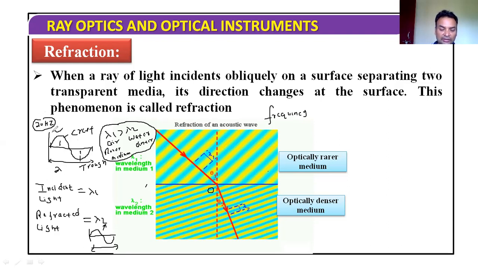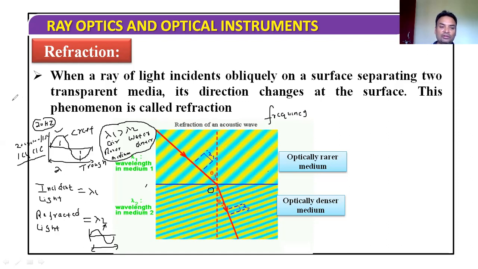This is a single cycle. One cycle means one wavelength. So 20 hertz means 20 cycles in 1 second.